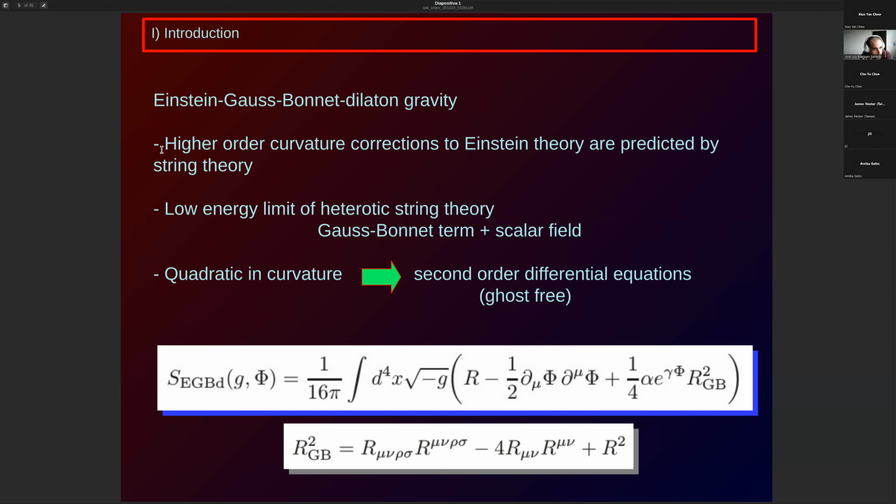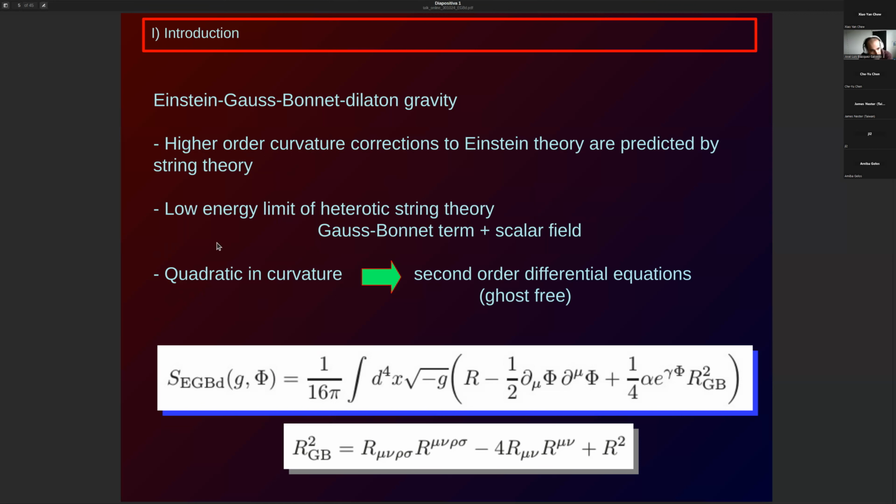First, it's a higher order correction to Einstein theory that can somehow be justified from string theory. If you take the low energy limit of string theory, typically the string theory gives you these extra terms in the curvature given by the Gauss-Bonnet curvature and some extra field, some scalar field, which happens to be a dilaton field. So from that point of view, it's more or less motivated.